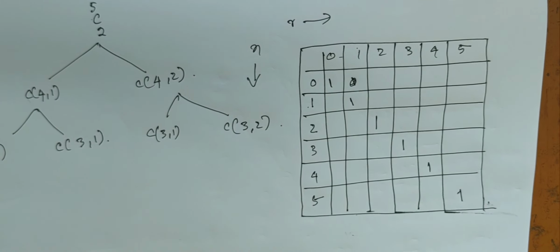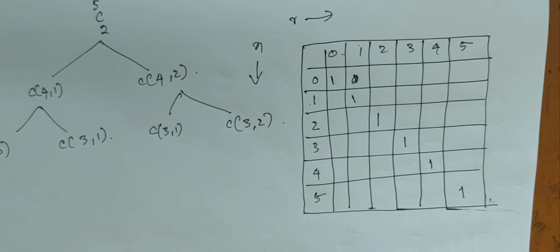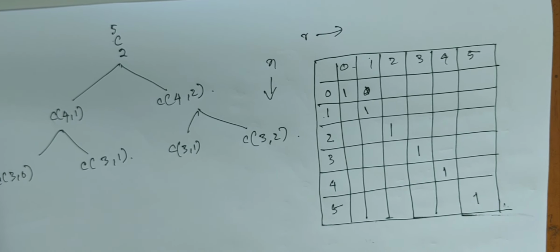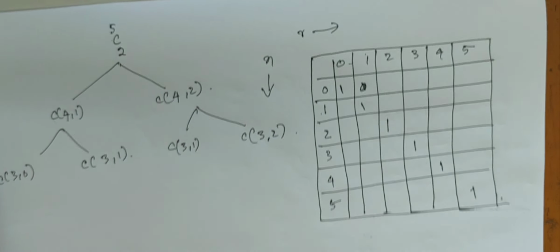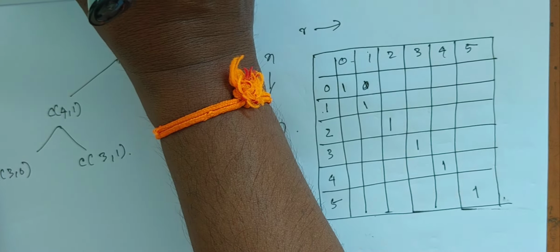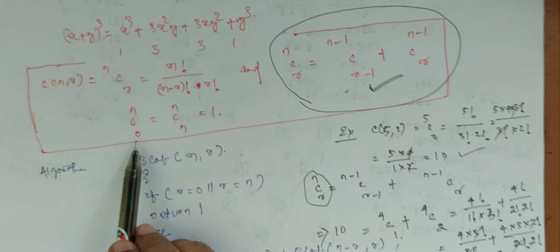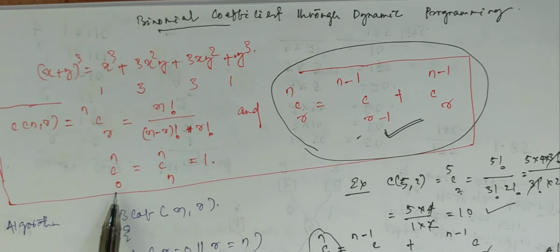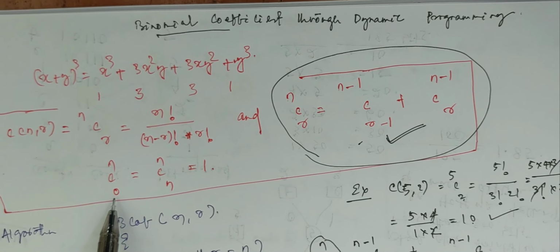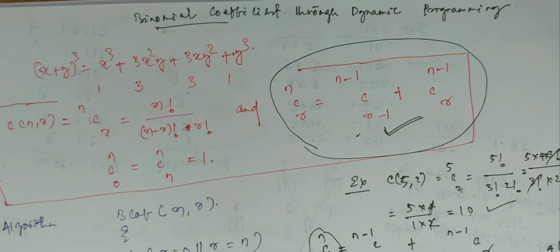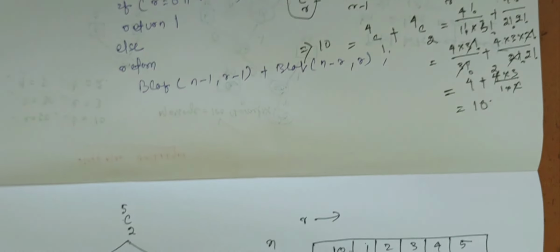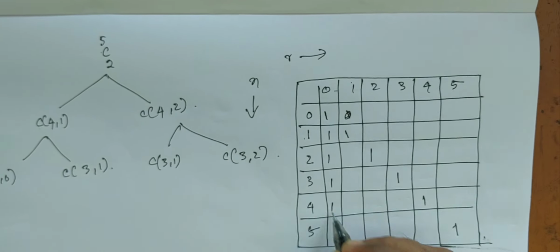And another rule is there, that when R is equal to 0, fill it with 1, 1, 1, 1, 1, 1.